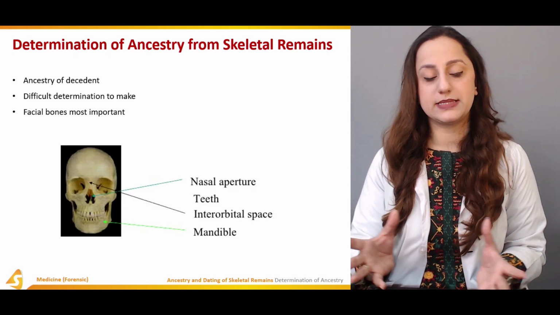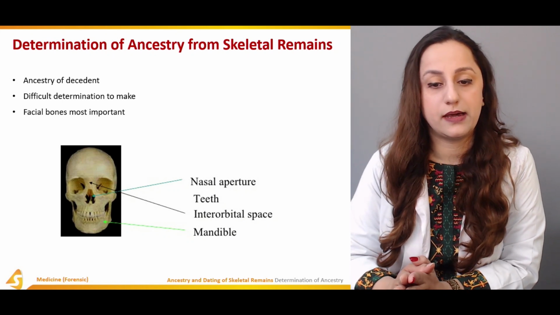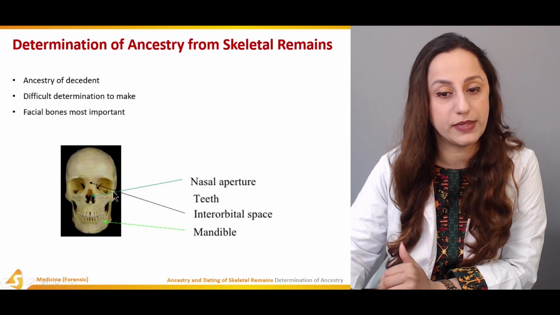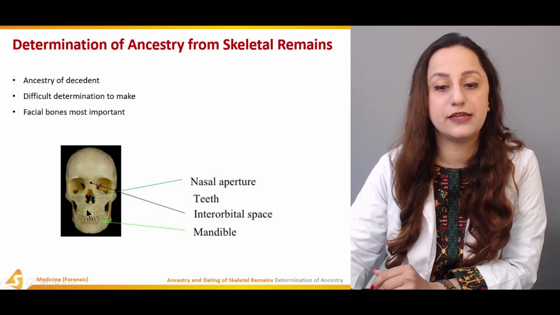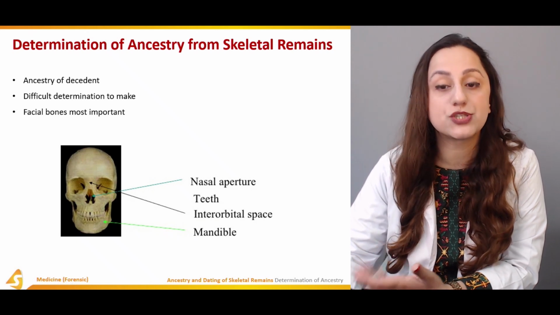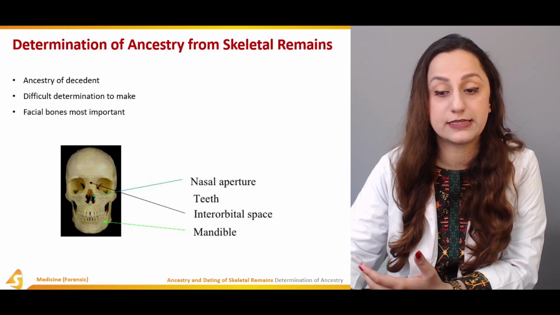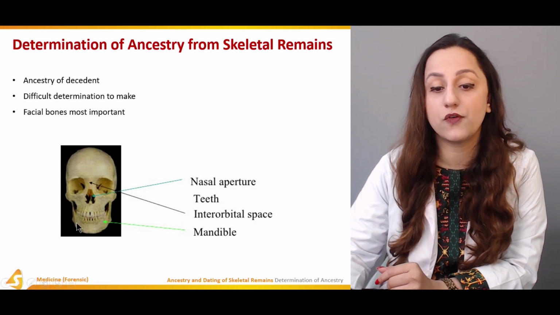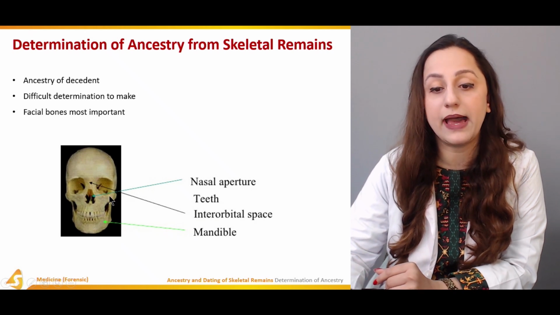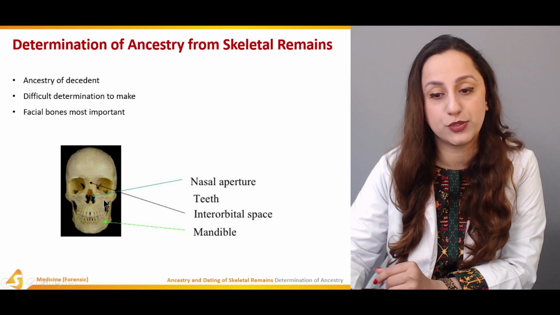So this is a skull, as you already know, and here we have the orbital openings first of all, and then we have the nasal aperture. The teeth are also very important, and they have their own ancestral importance whenever we are identifying those. Then, of course, the mandible. We'll be discussing all of these one by one, and the nasal aperture as well.